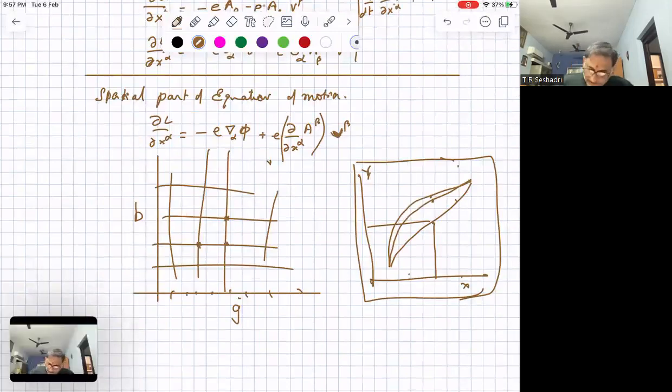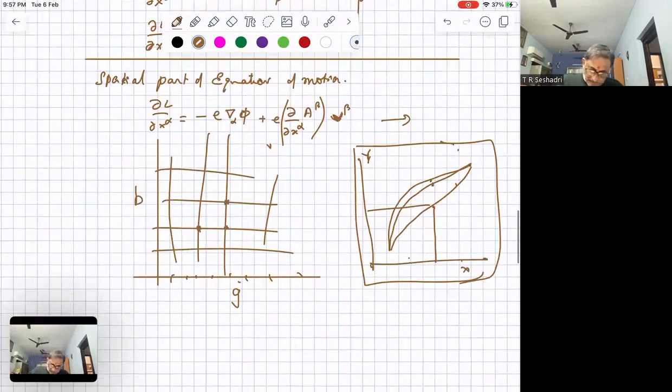Okay. So now here I have my equation, and then I have d by dt of del L by del V alpha, which I calculate.